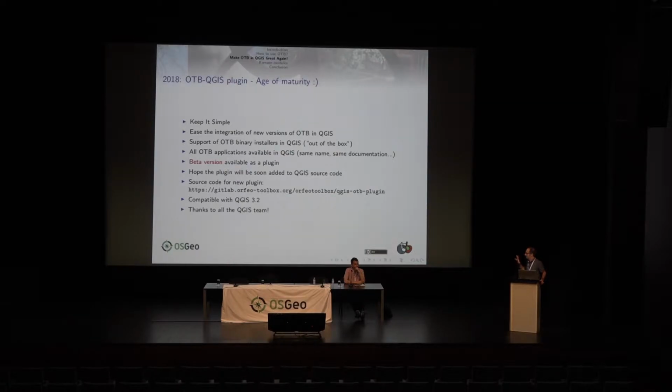It's the verbatim copy of what you have with other interfaces. And we are compatible with QGIS 3.2, and we hope that the new plugin will soon be added to the QGIS source code. In the meantime, you can just go there and test it.